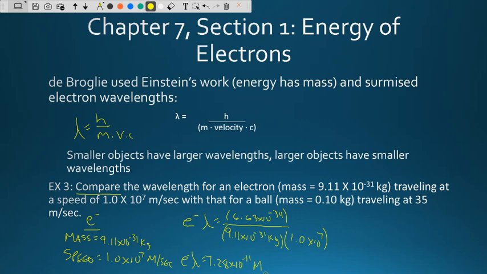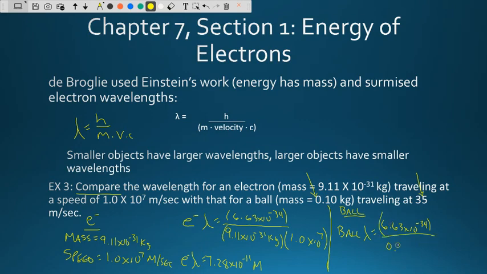Okay, now the second part to this is asking about the ball. If we're going to be doing a comparison, the ball. Okay, you can see that the mass is here and the speed is right here, and it is in meters per second, so we're in consistent units here. So using that ball wavelength, I should say, the ball wavelength is going to be 6.63 times 10 to the negative 34th.